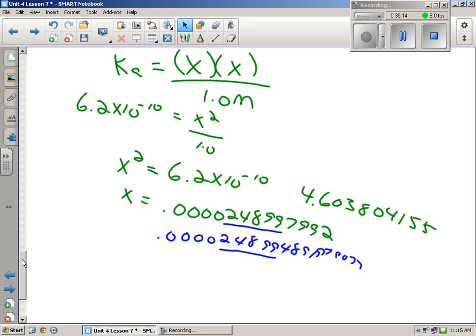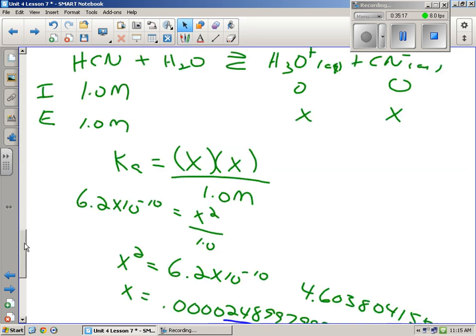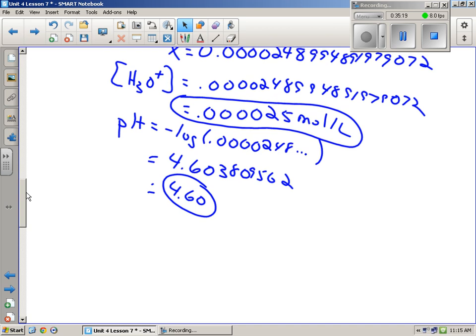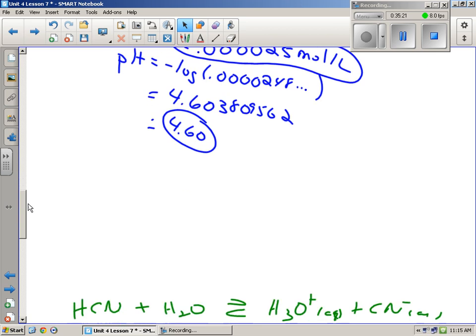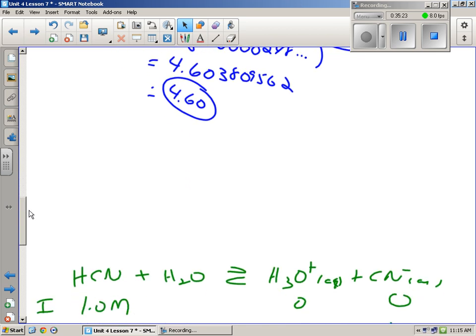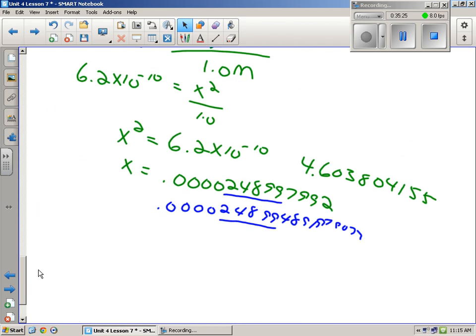And on the other sheet, what was it again? 4.603809562. There's 3809, and there's 3804. Are you going to ever have to worry about the 6th decimal place in a pH? No, probably not. So, does it matter which way we use? Nope.